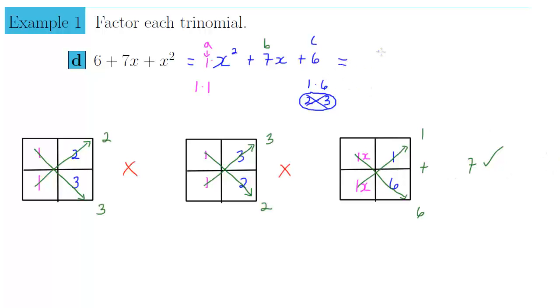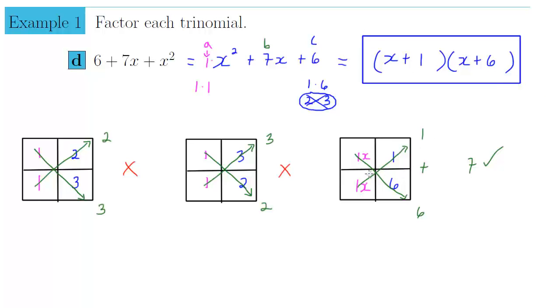So our final factored form will come from the top row and the bottom row. So the top row tells me I must have x plus 1 as my first binomial, and the bottom row tells me I must have x plus 6 as my second binomial. There it is. There's my factored form.